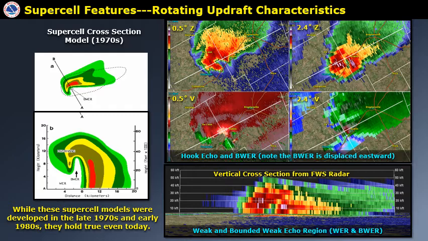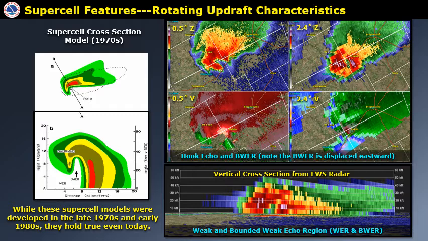Let's take a look at the schematic on the right, and we can see features such as the hook echo, the bounded weak echo region, and the echo overhang. And these signatures all imply supercellular characteristics, and they match up very nicely with the conceptual models, again, that date back to the 1970s.